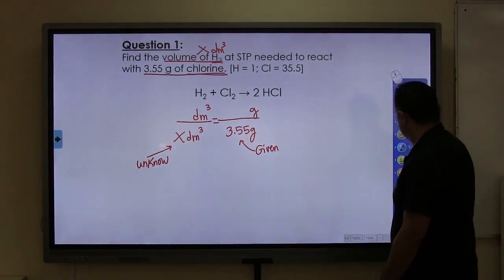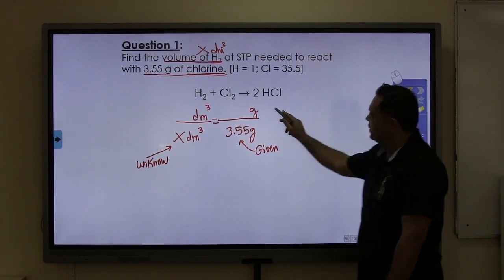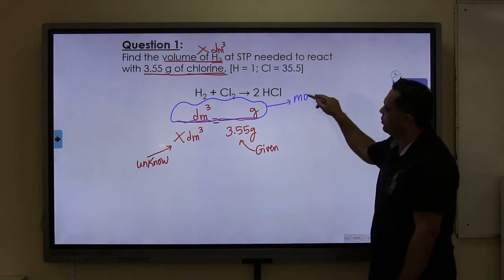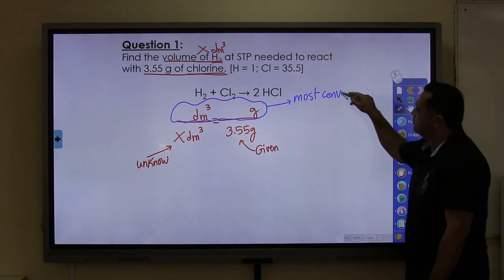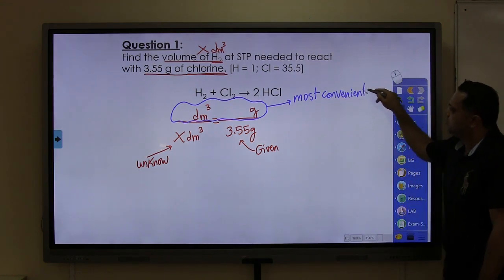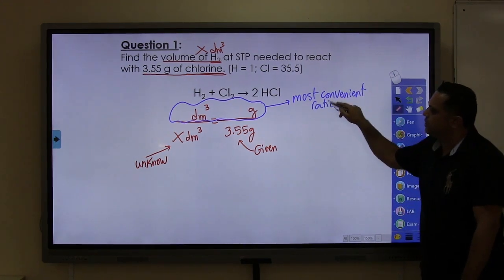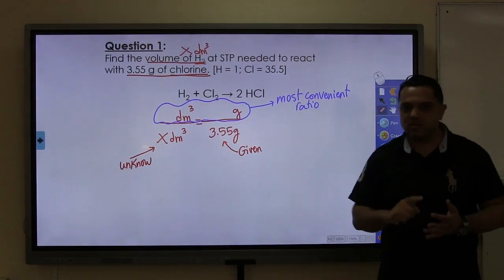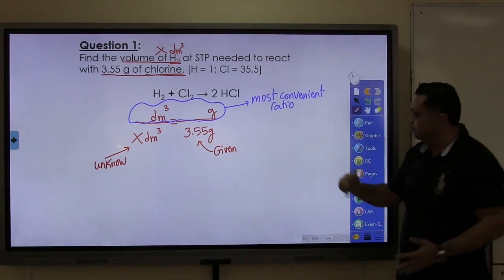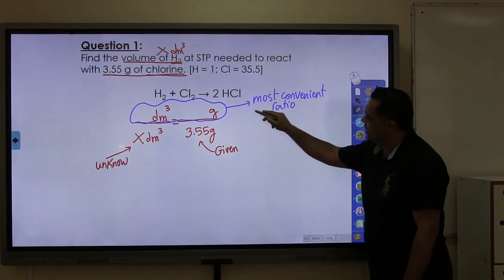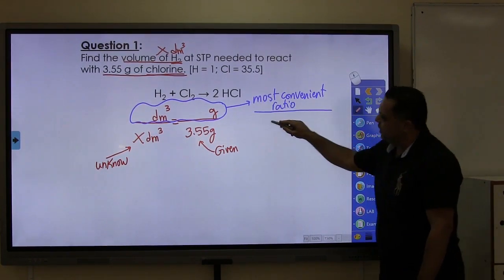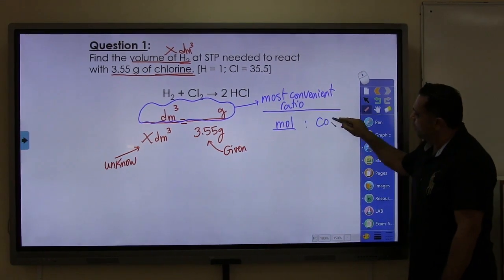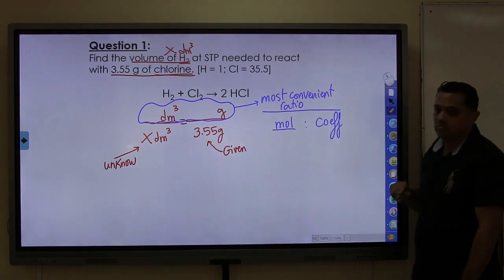This ratio here at the top is called the most convenient ratio. We can get the most convenient ratio depending on whether we are dealing with mass, moles, or volume. To get the most convenient ratio, if I'm talking about moles, then I will deal only with coefficients.